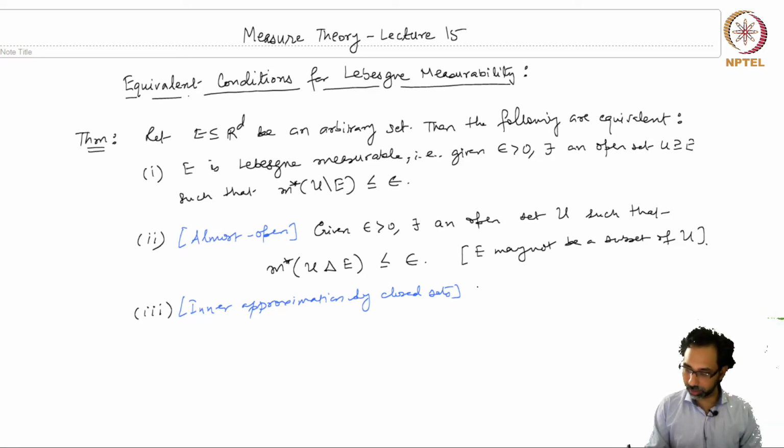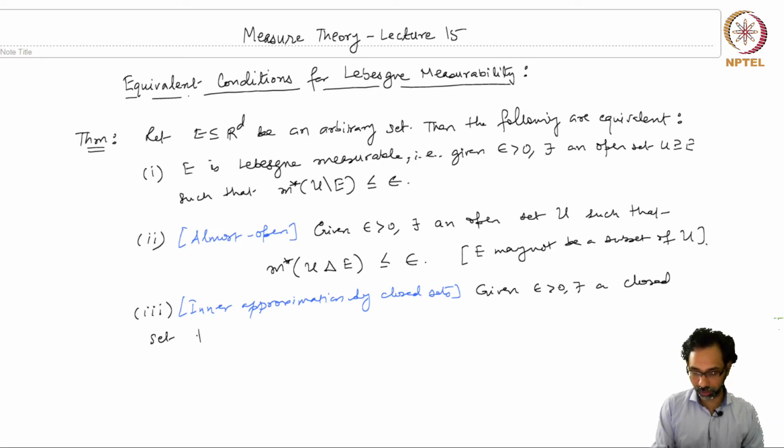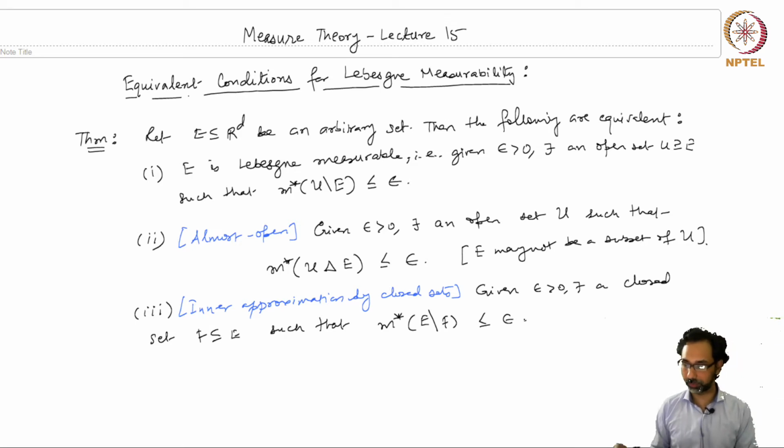So this criteria says that given epsilon greater than 0, there exists a closed set F contained in E. This is an inner approximation, so F is contained inside E, such that the outer measure of E minus F is less than or equal to epsilon.